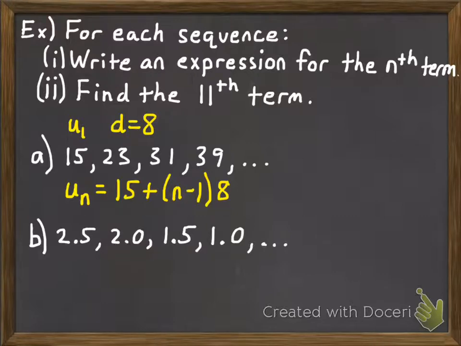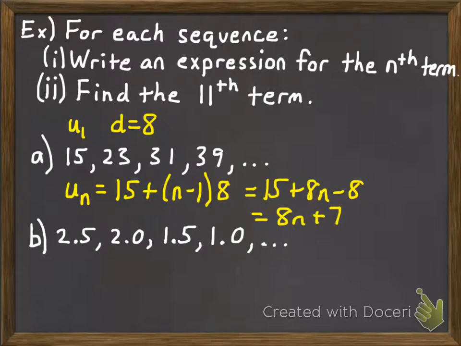You can leave the answer like that, or if you prefer, you can go ahead and simplify this algebraic expression. I'll do that really quickly, but then I'm going to erase it. I just want you to see that you can do it. You can make that 15 plus 8n minus 8 if you distribute the common difference, and that becomes 8n plus 7.